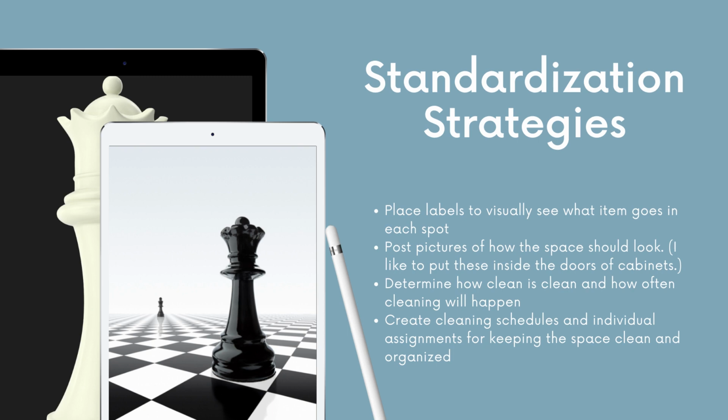All right, so we're going to place the labels visually to see what items go in each spot. You're going to post pictures of how the space should look. Once you take those pictures, I like to put the pictures that I print out inside my cabinet, so when my kids open up the door, they can see what it should look like. When they put the items away, not only do they have the label that tells them what it is, but how it should be put neatly away.